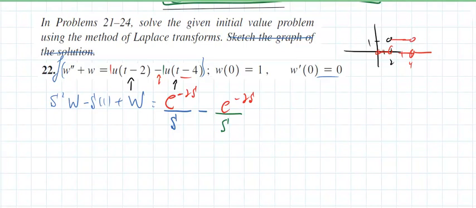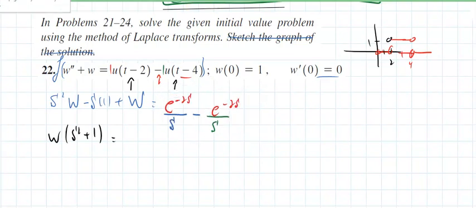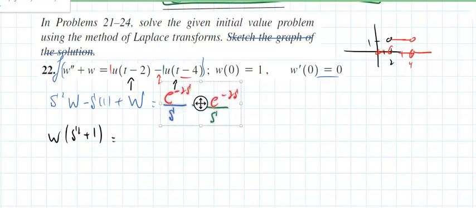Let's get the W's. So W times (s squared plus 1) equals, let me shift that down a bit, or shrink those a bit. I made that too big. Here we go. Better.